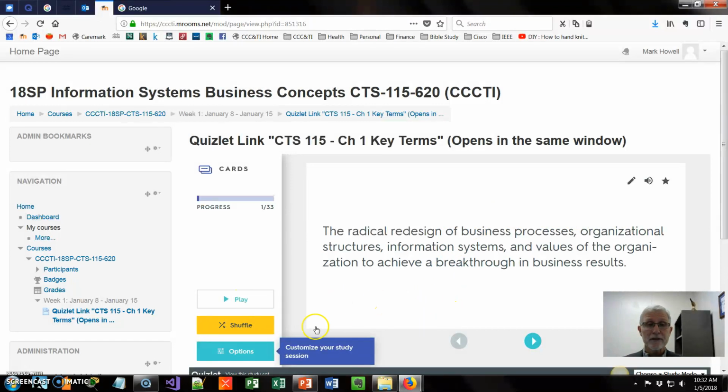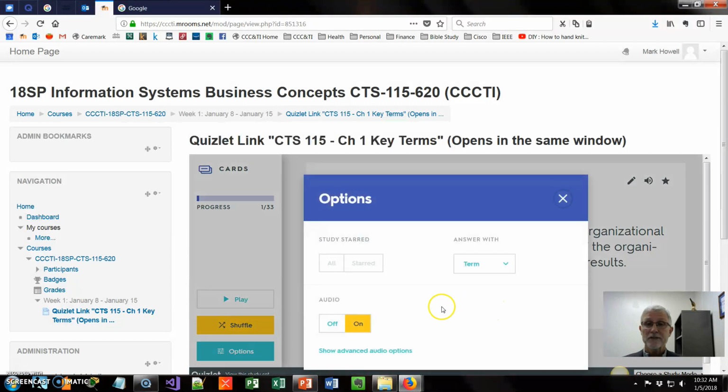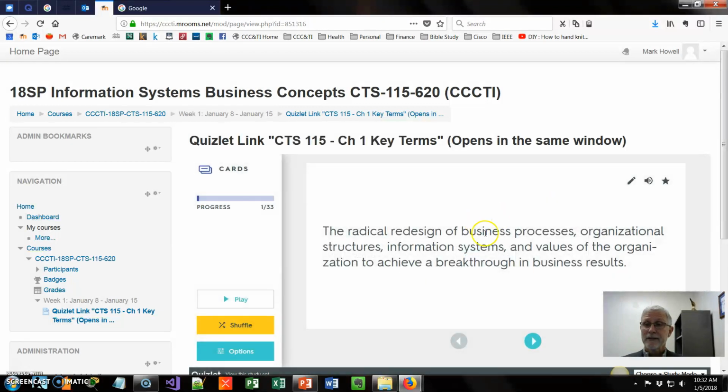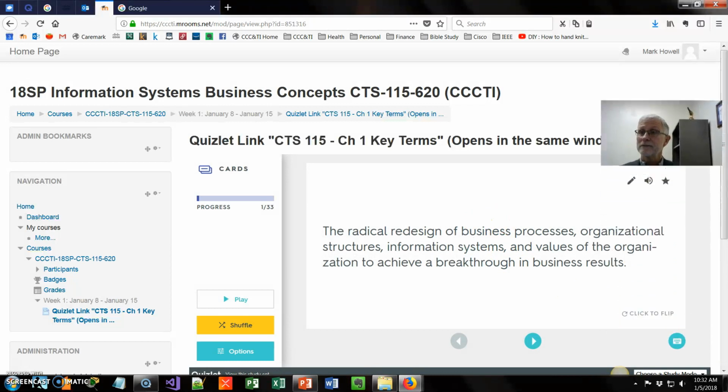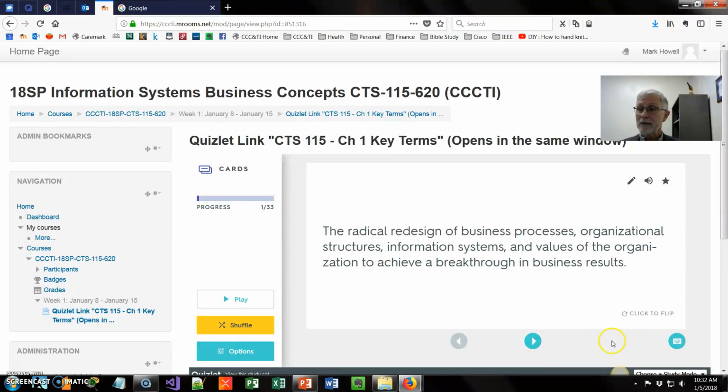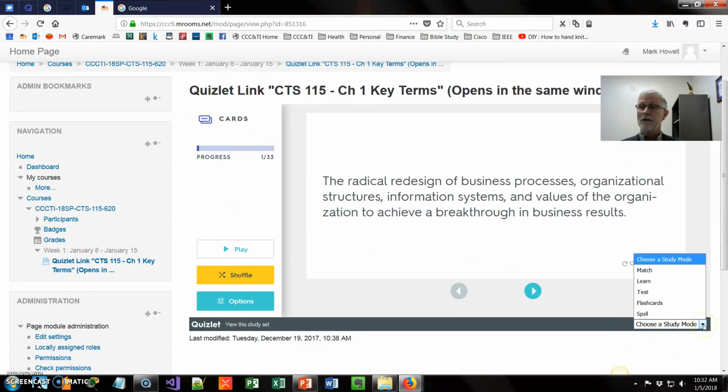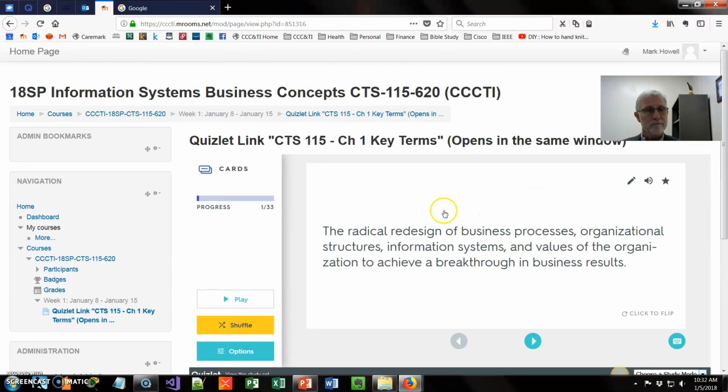You can play a game with it, and customize it: answer the term, the definition, or both, turn audio on or off, and change the study mode to matching, learn, test, or flashcards. Play around with these, whatever's best to help you learn these terms. It's not a test, just a resource that I'm making available to you. Hopefully you'll find it beneficial.